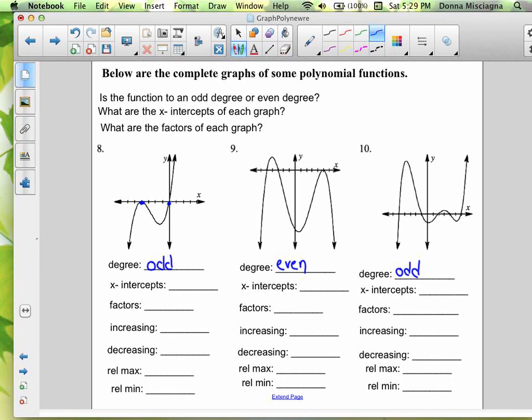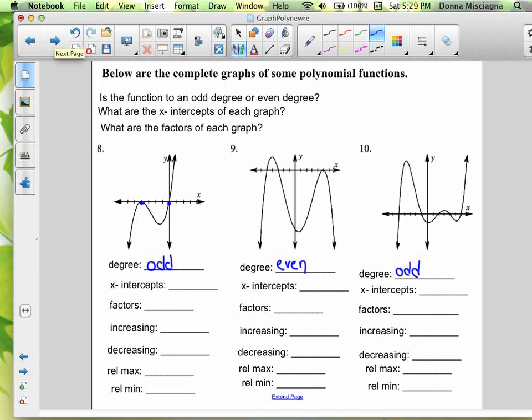If you remember in the previous lesson, where we were writing the equations, we talked about something called multiplicity. If you notice, my graph touches the x-axis right here, and then it turns around the other way.